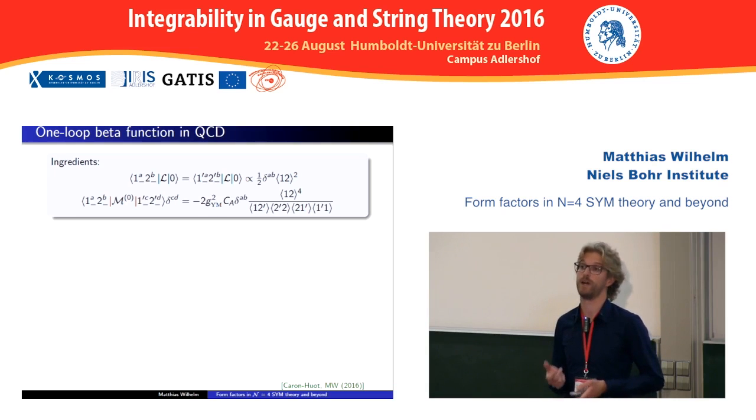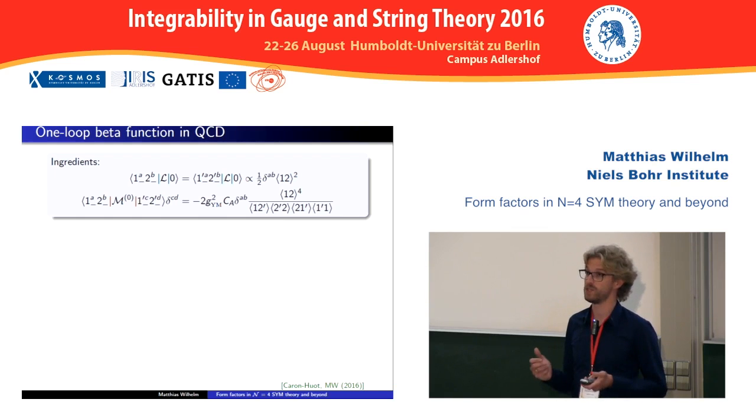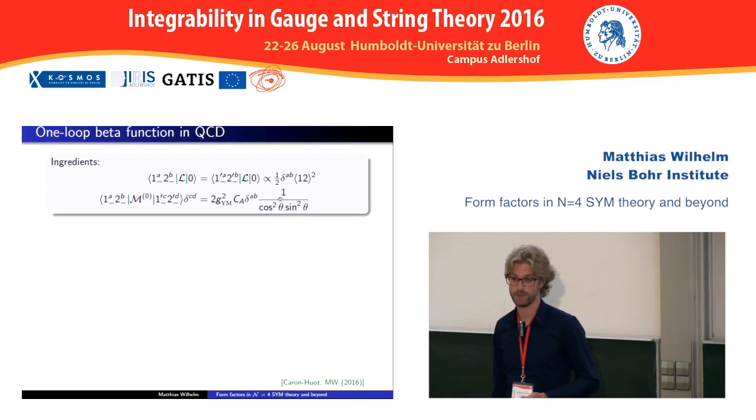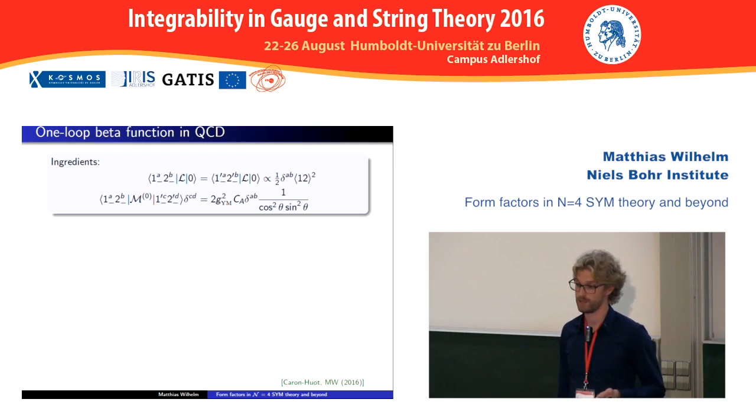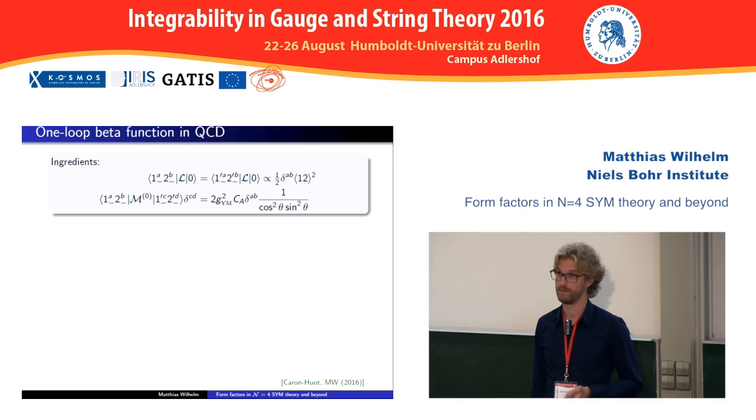For a pair of color singlet minus helicity gluons, it looks like this. If we now insert the explicit parametrization of the phase space integral, this ratio of angular brackets just reduces to 1 divided by cos squared sine squared.